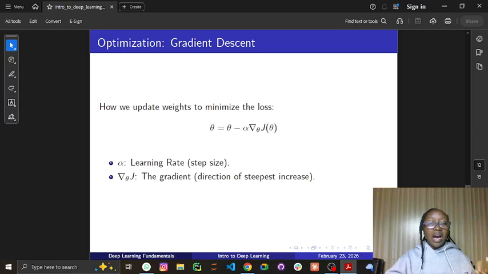Remember, deep learning isn't about coding an answer. It's about building a structure that is capable of discovering the answer for itself. We're no longer just writing programs, we are building the foundation for a new kind of digital intelligence.